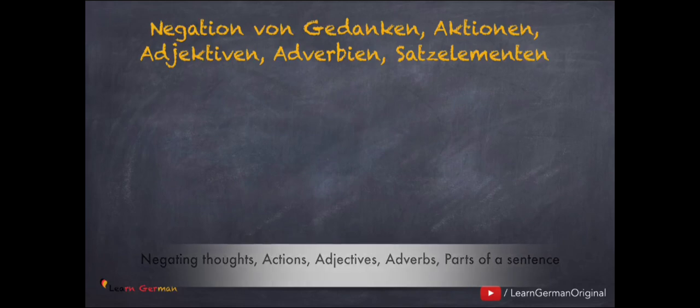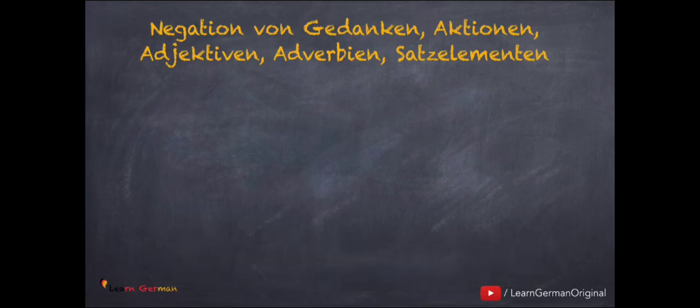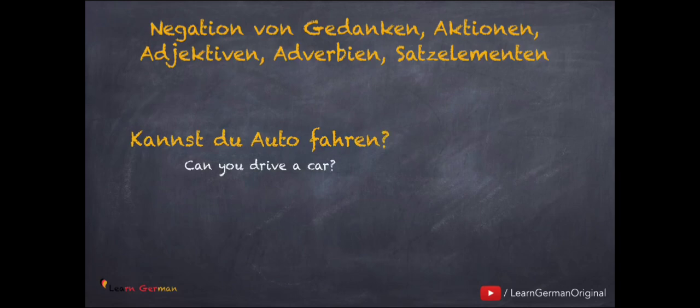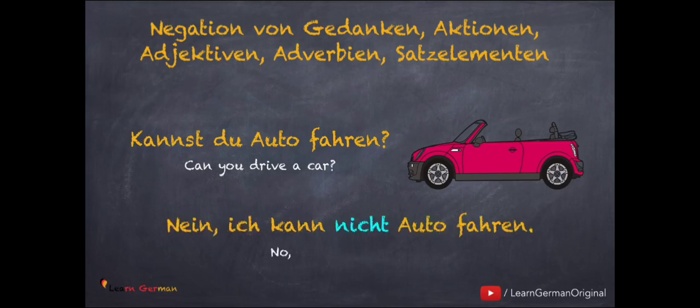Let's look at a few examples. Kannst du Auto fahren? Nein, ich kann nicht Auto fahren. In this case, the activity Auto fahren is being negated with nicht.